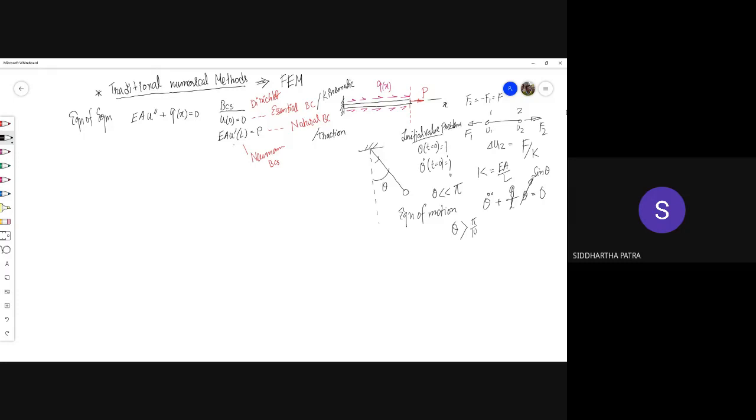Now you see, the temporal differential equations, the time dependent differential equations, are called initial value problems. The reason being that if you look at the difference between the conditions given, when we are solving a boundary value problem, the boundary conditions can be given, or rather must be given, at two boundaries.